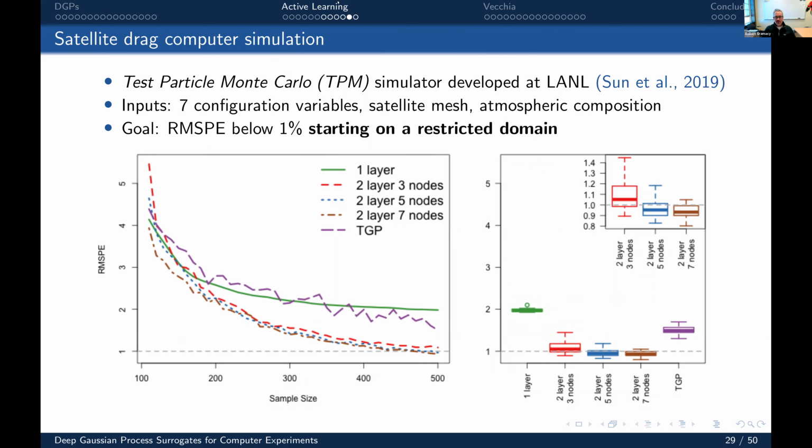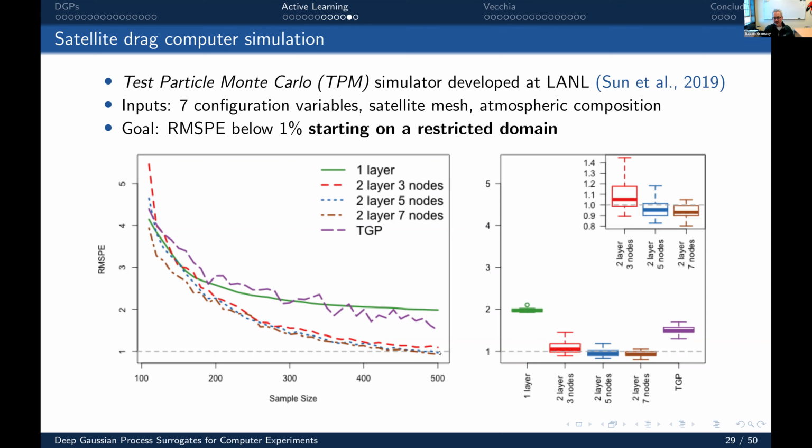I'm going back to the satellite drag simulation where we were working in 7 input dimensions, and they're expensive computer model simulations. Our collaborators at Los Alamos gave us a budget of 1,000. They wanted to know if with 1,000 evaluations of the computer model, whether we could get the relative root mean squared error down below 1%.